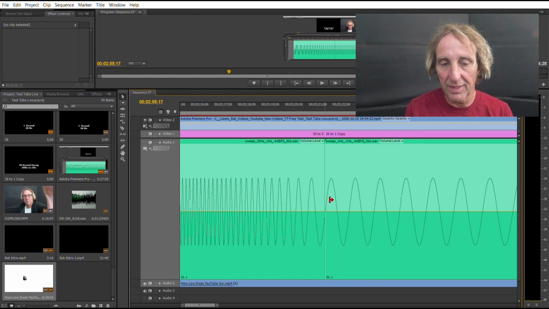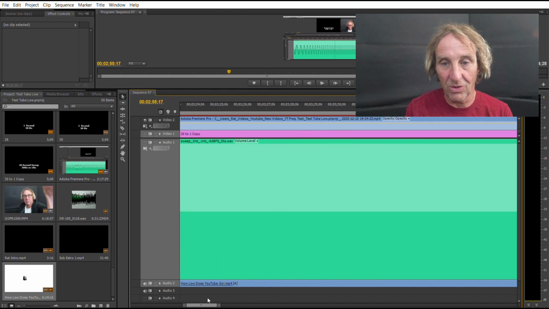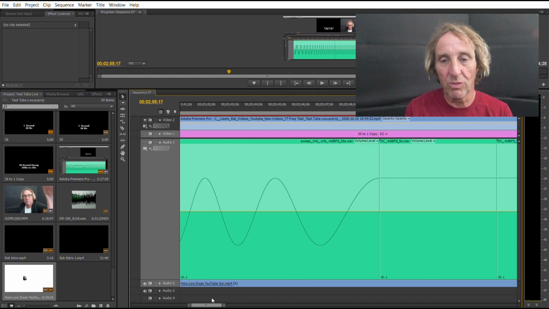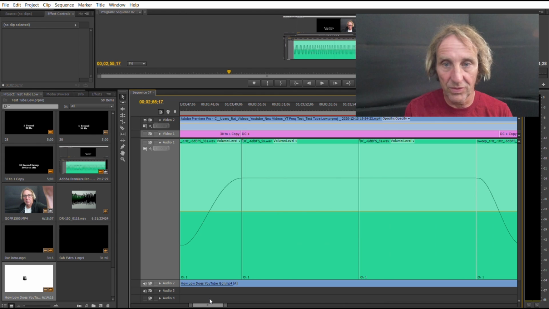Then I tied it into another sweep that starts at 1 hertz and goes all the way down to 0.1 hertz. And then at the upswing, I added and clipped on a DC voltage at minus 6 dB, and left that on for 2 5-second intervals, 10 seconds.